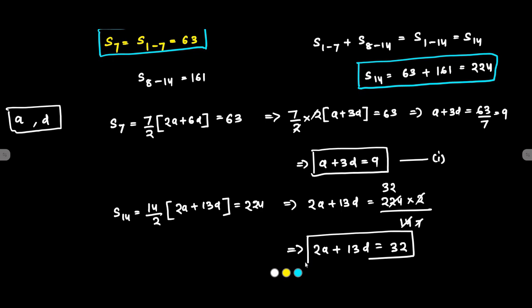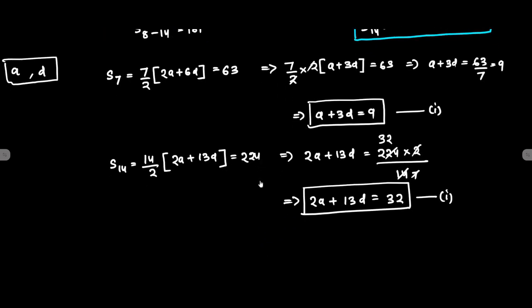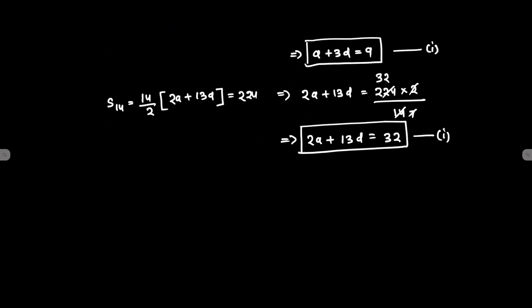So here we have two linear equations in two variables a and d. We have to solve for a and d. We have already discussed a pair of linear equations in two variables. This is equation 2, 2a plus 13d is equal to 32.